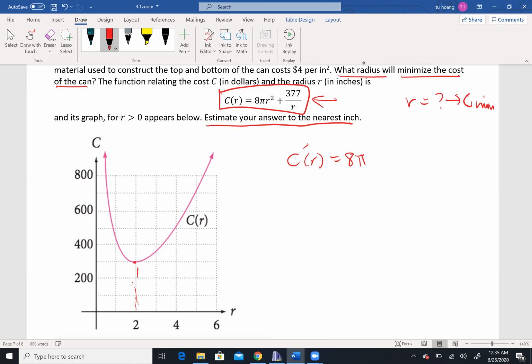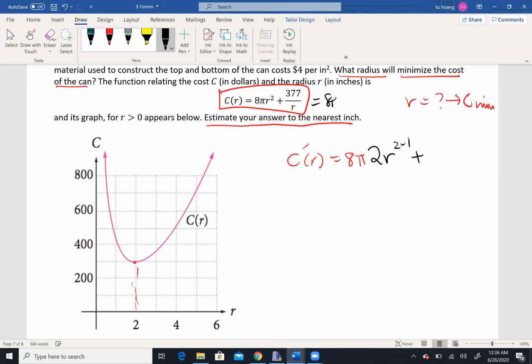And now for the r squared, you have to take the derivative of r squared. That's going to give me 2, put down, and then r to the 2 minus 1, plus, okay, so for the last term here, I'm just going to change it to power form.